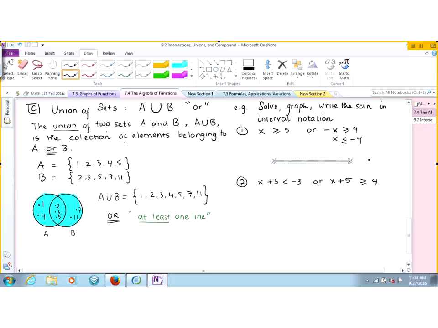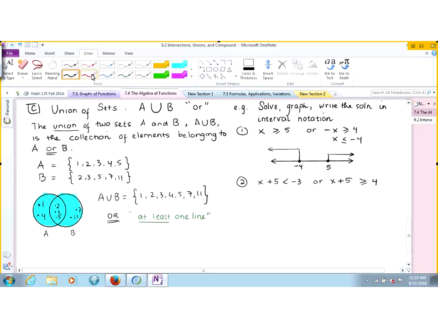So we have to switch the sign. All right, so 5. Open or close? Close. The arrow is to the right. Negative 4. Close. And the arrow is to the left.